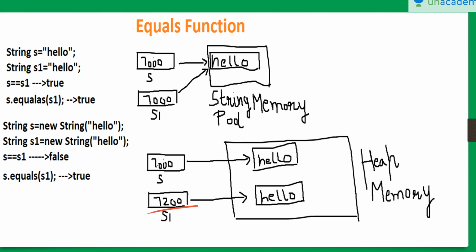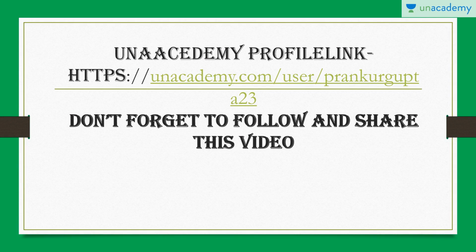So as we can see in this case, if we want to know whether the value is the same or not, we must use the equals function, okay, to check whether two strings are equal or not. This is all about strings in Java, guys.